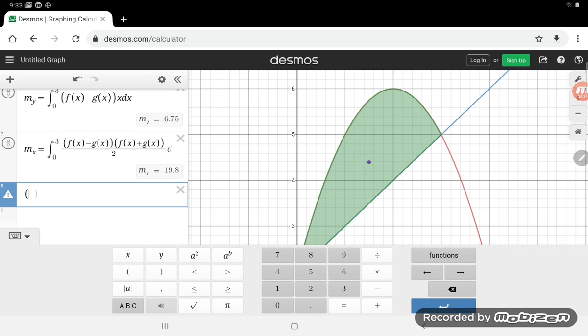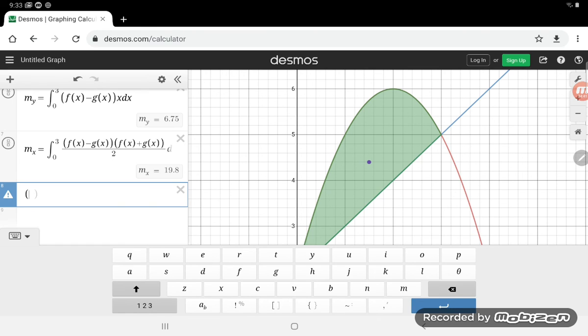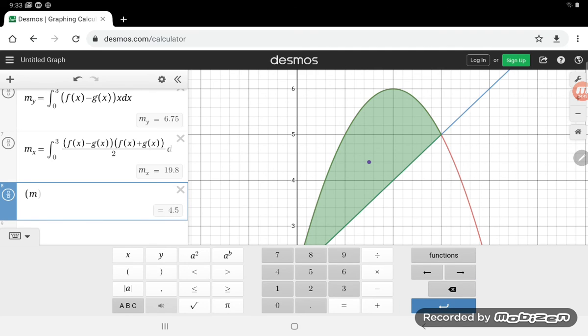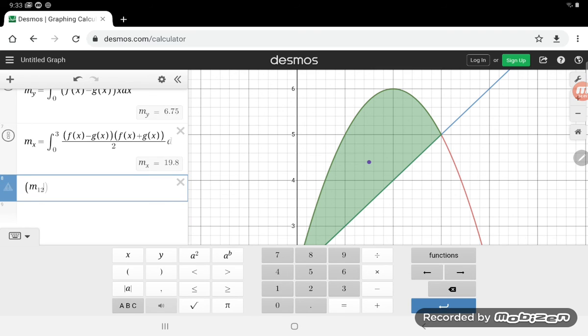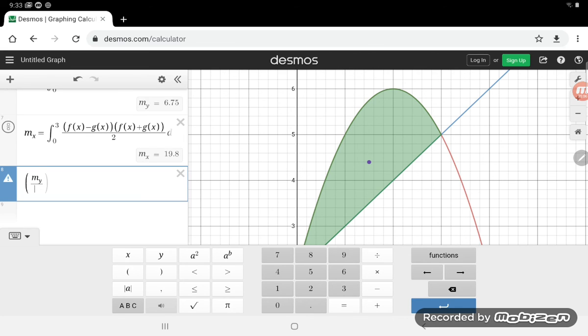Okay, so then if we make the point here of m sub y. Seems a lot to go through just to get my subscripts, but so m sub y divided by m.